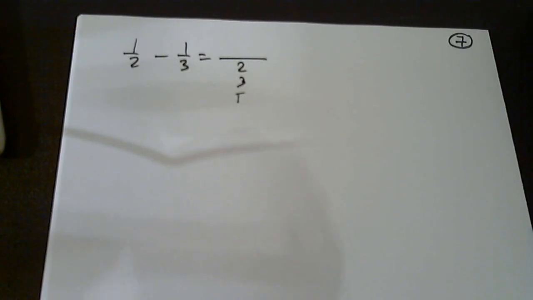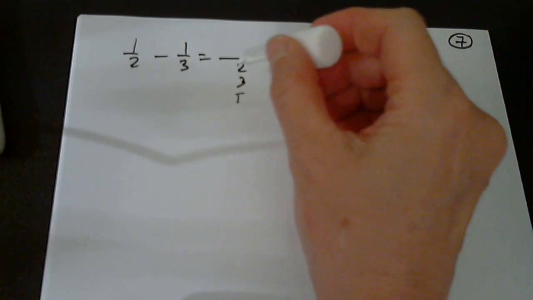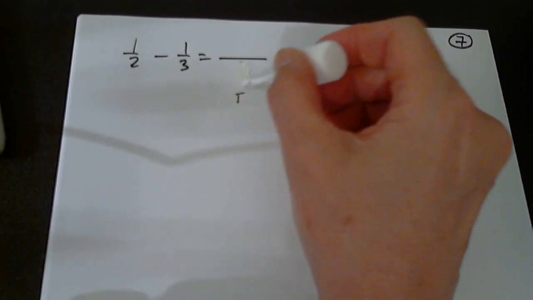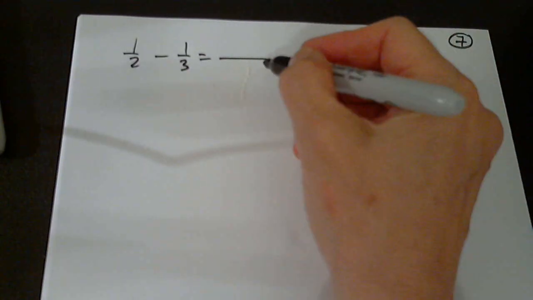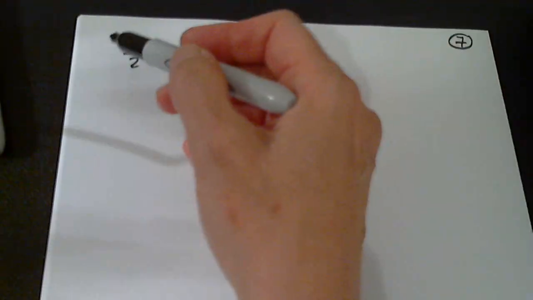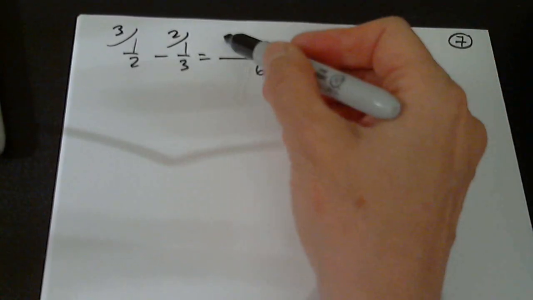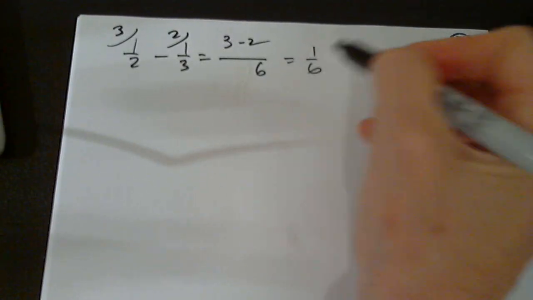Of course. Why is it 6? Multiply them together. Exactly. Because they have nothing in common. If they don't have anything in common, we have to multiply them. So the least common denominator is 6. And of course, 2 times what is 6? We need to multiply by 3. 3 times what is 6? We multiply by 2, and we get this.